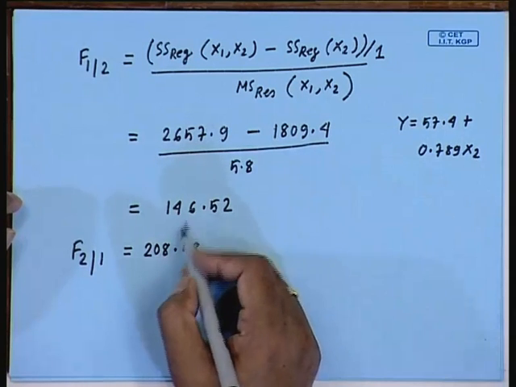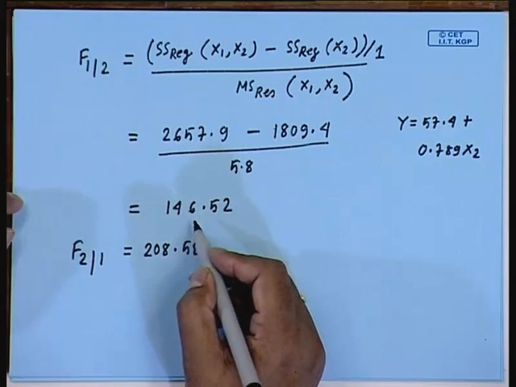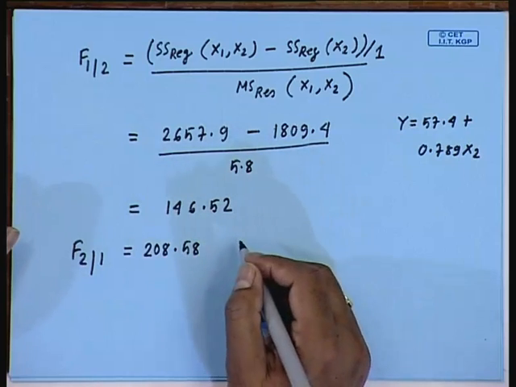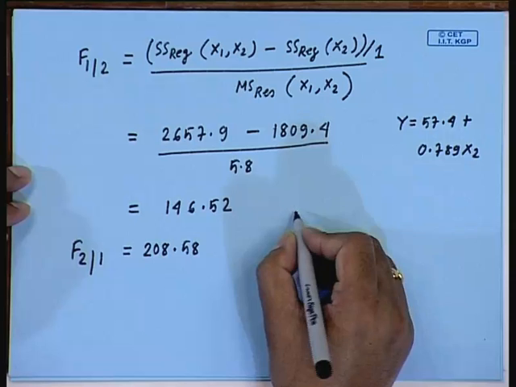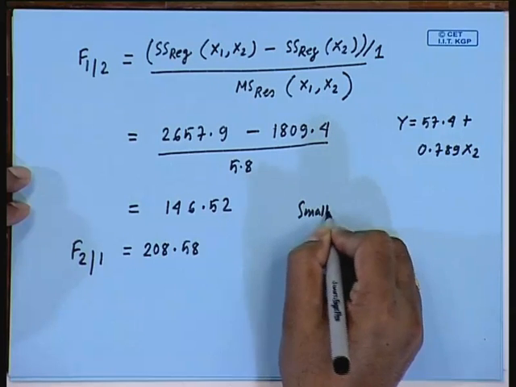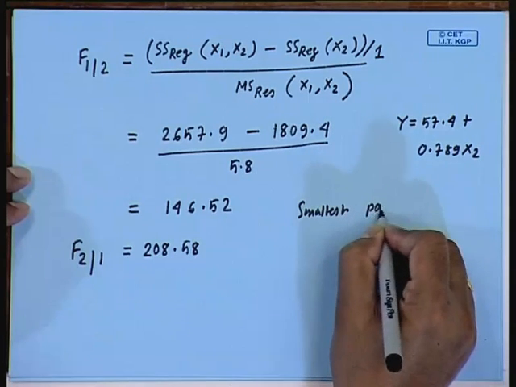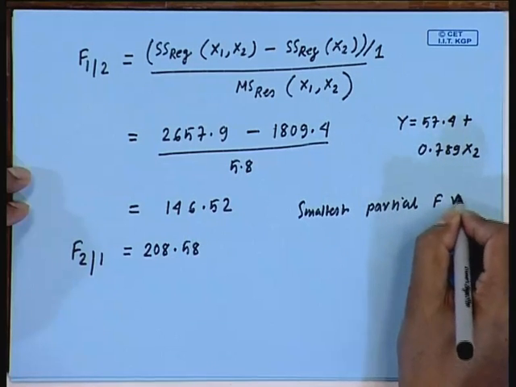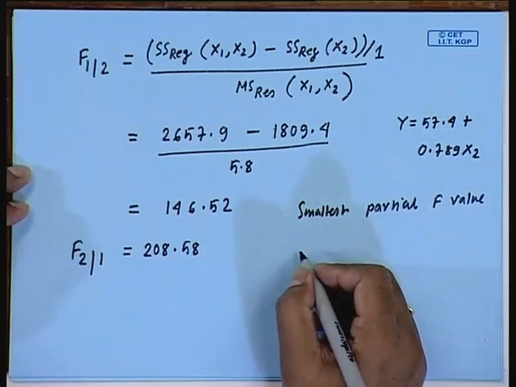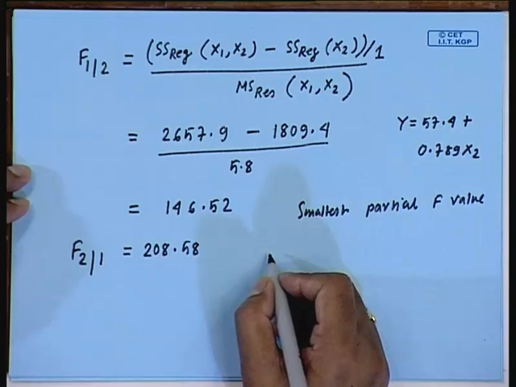Now, these partial f values are large. So, still we will check the smallest partial f value, which one is smallest?